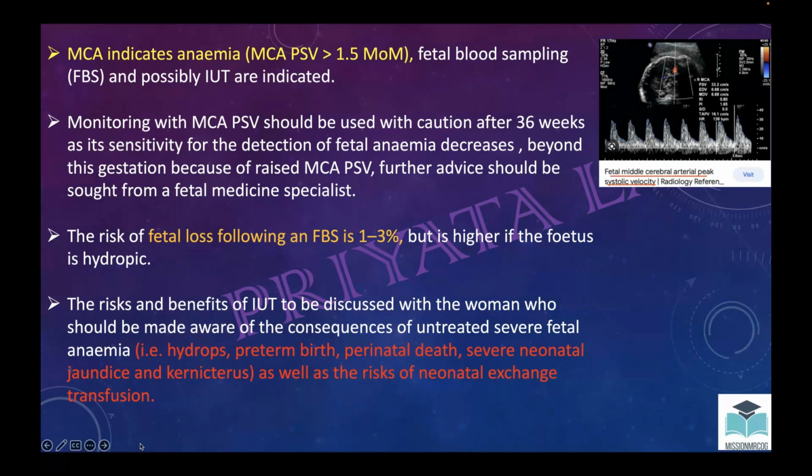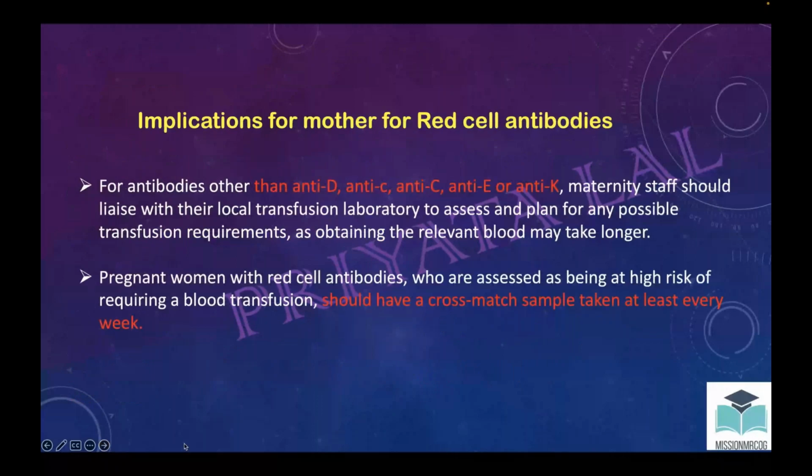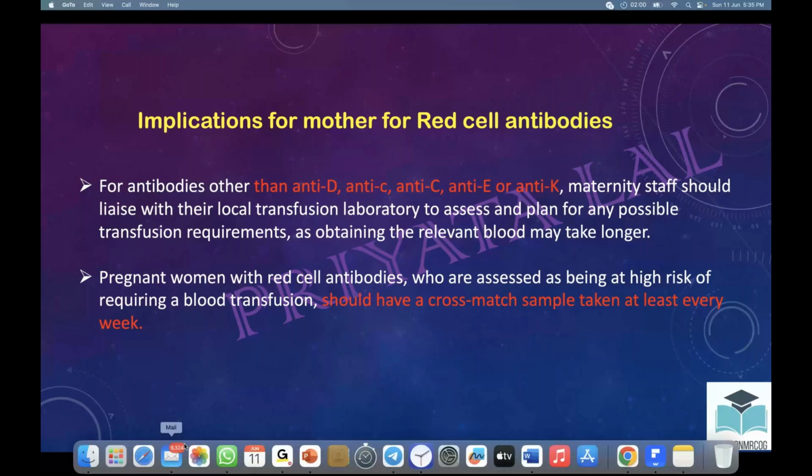Now, what could be the implications for the mother? The problem will be that whenever blood is required in case of APH, PPH or whatever, cross matching will take a lot of time, and obtaining relevant blood will take longer.